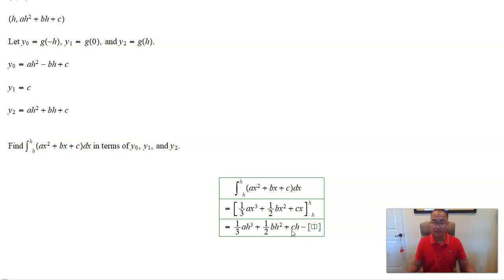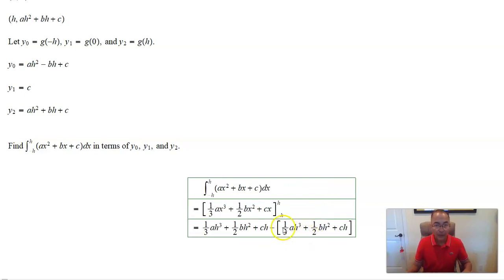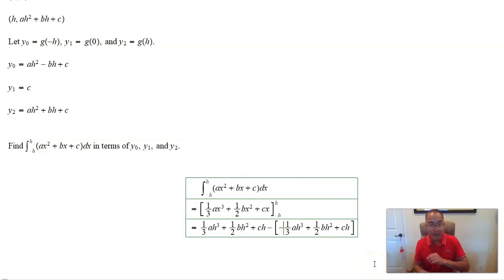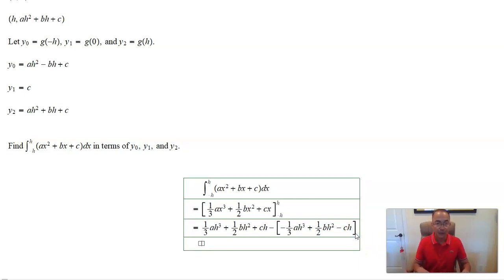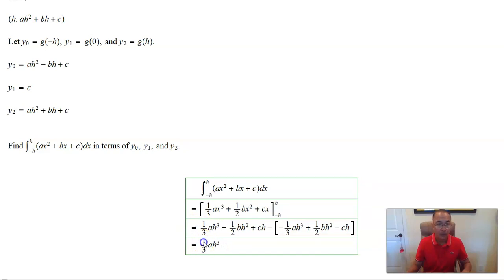Negative h times c, the negative h stays. What changes? That should be a minus. The plus stays plus for bh squared, and that should be a minus. So, what happens to each power? 1/3 plus, minus minus is plus another 1/3. So that will turn into 2/3.